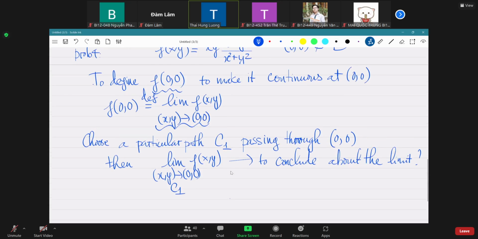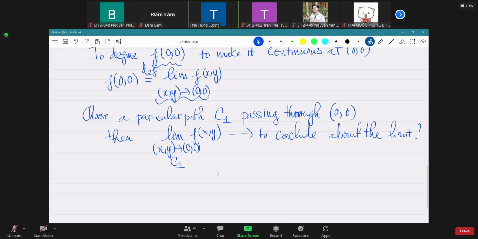Remember the first two problems: if the limits along two different paths are different, then the limit does not exist. So we cannot use one particular path C1 to conclude about the limit of the function.